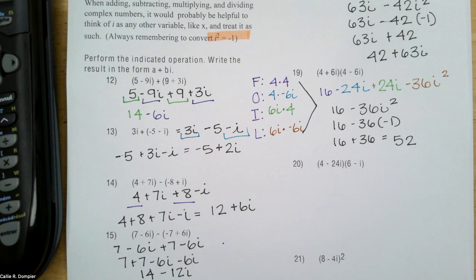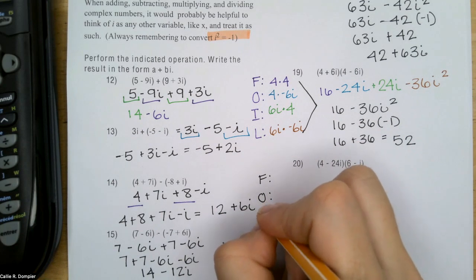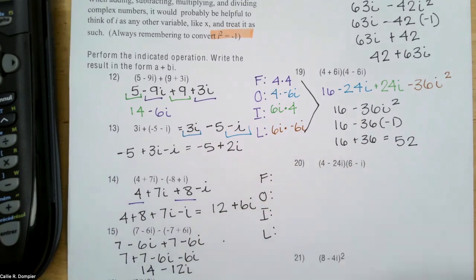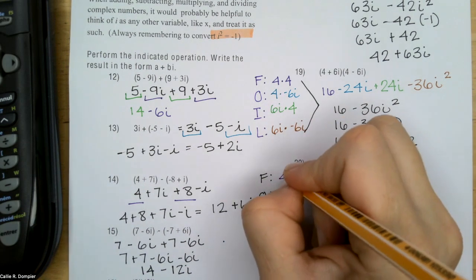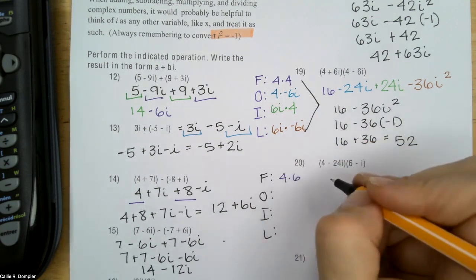Good. All right, now we have 4 minus 24i times 6 minus i. Same exact thing, okay? So we're just going to FOIL it. First, outside, inside, and last. First term is 4 times 6. Second term is 4 times negative i.